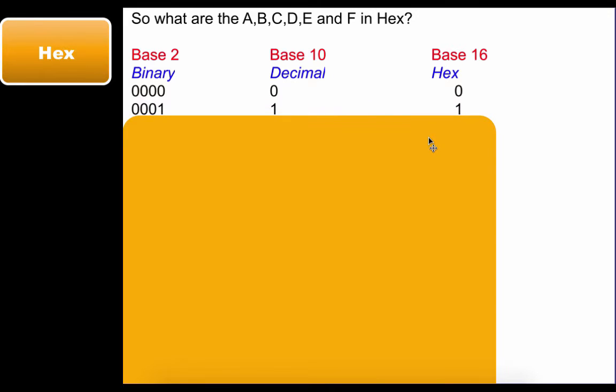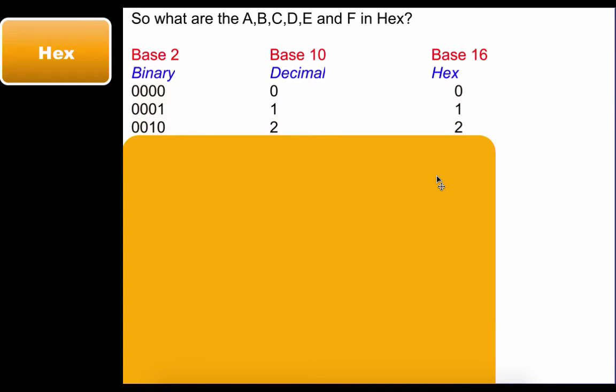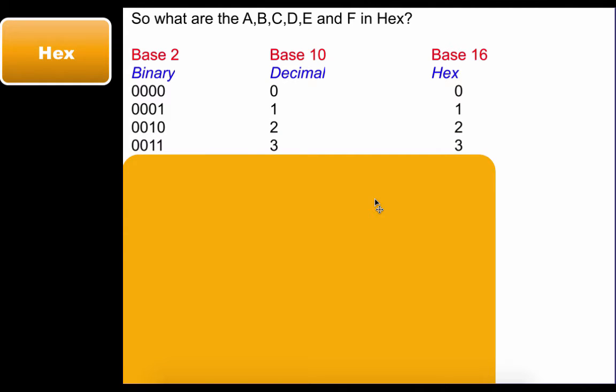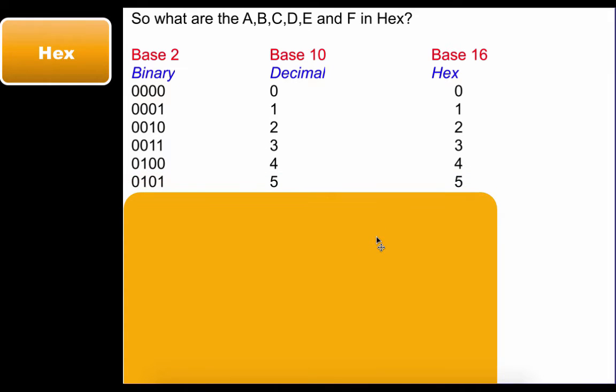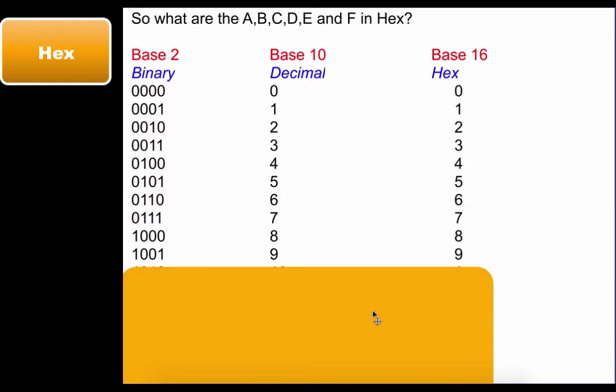In binary, 0001 is 1 in decimal and 1 in hex. 0010 is 2 in decimal, 2 in hex. 0011 is 3 and 3. 0100 is 4 and 4. 0101, 5 and 5. And we go all the way down and we come to my favorite.